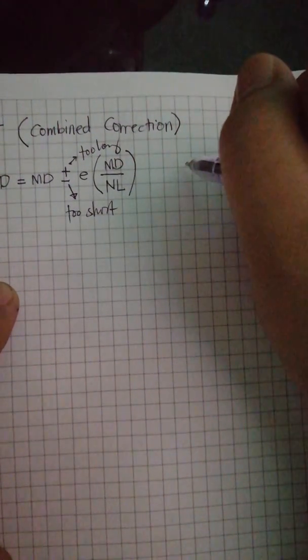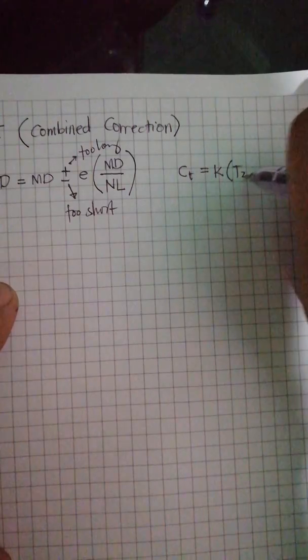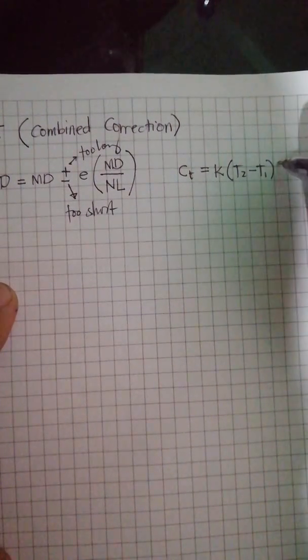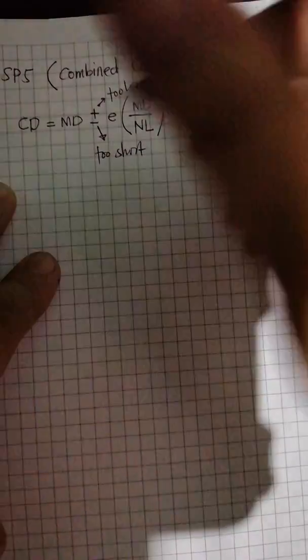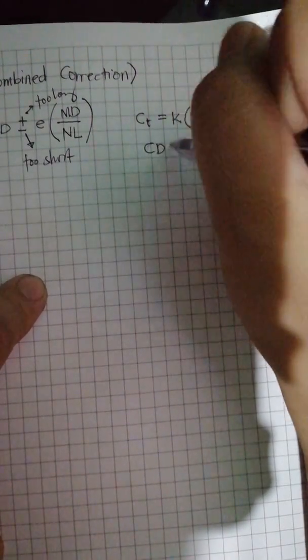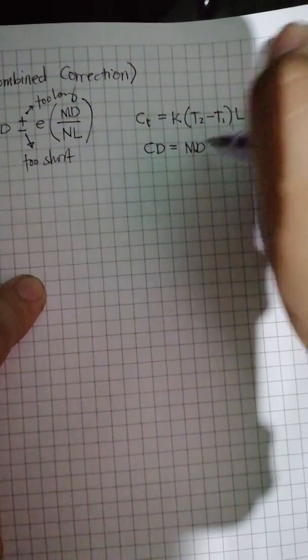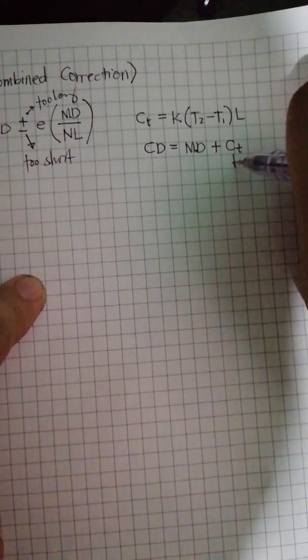For correction due to temperature, you have K times T2 minus T1 times the length to be corrected. The corrected distance is now measured distance plus correction due to temperature.